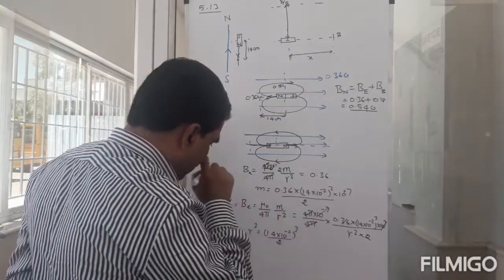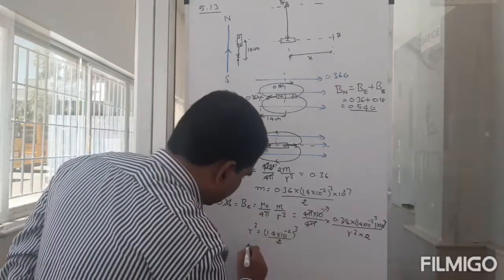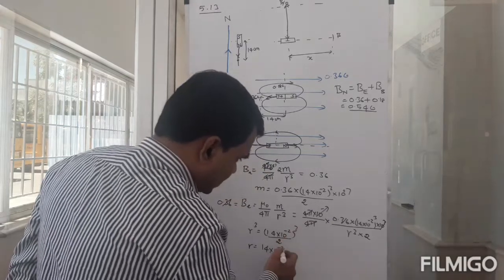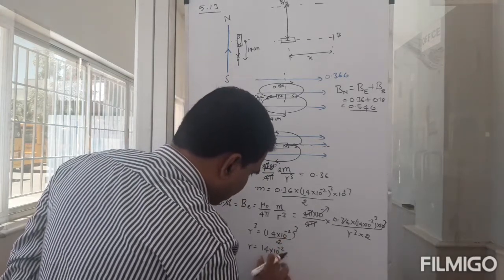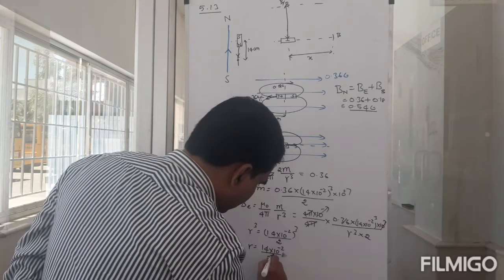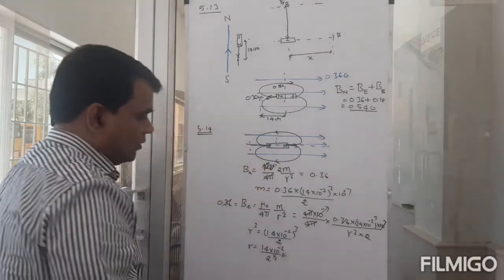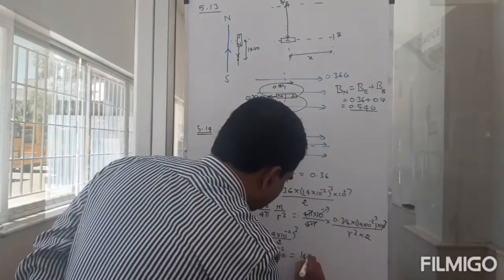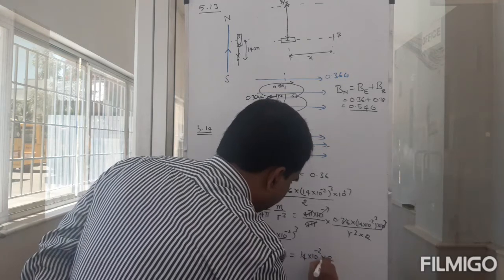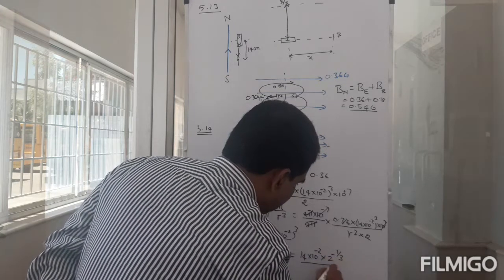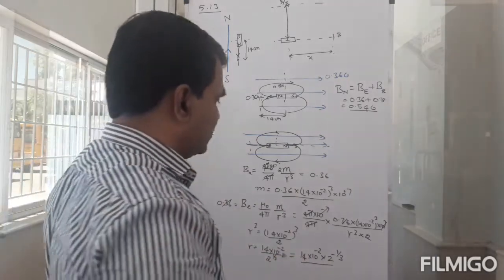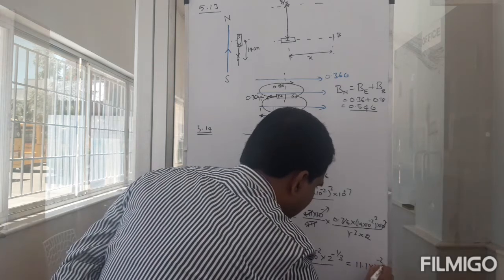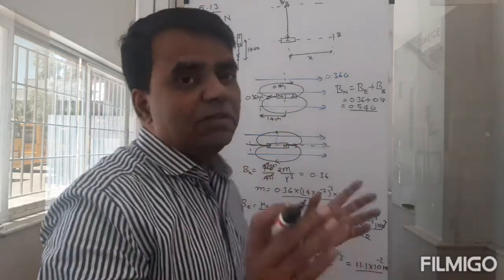If I take the cube root of this, then r will be equal to 14 into 10 to the power minus 2 into 2 to the power minus 1 by 3. I need to take the cube root of 2 and multiply it. If you calculate this value, it would be about 11.1 into 10 to the power minus 2 meters, or 11.1 centimeters.